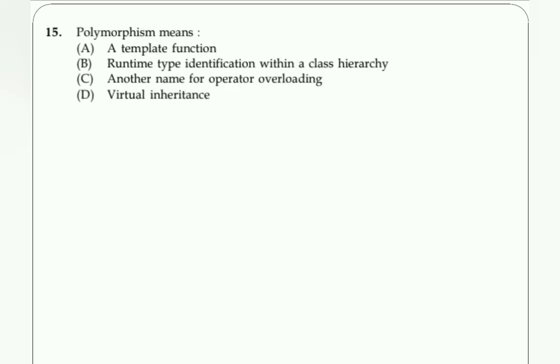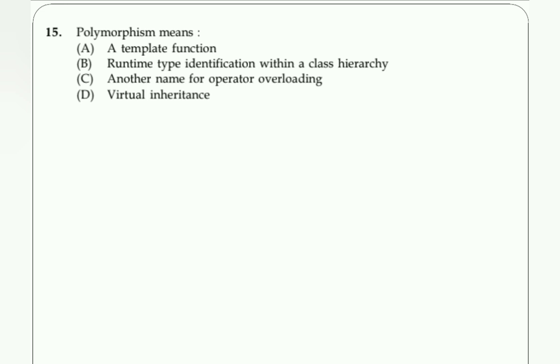Next one. Polymorphism means. So polymorphism means, poly means many, morphism means forms. So a variable can be in many forms. That is called as a polymorphism. So it is an object-oriented programming concept that refers to the ability of a variable, function or object to take multiple forms.